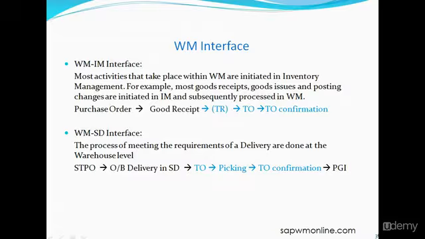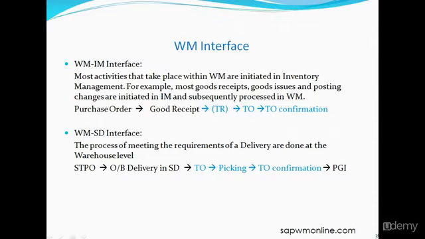For the WM interface with SD, the process of meeting the requirements of a delivery is done at a warehouse level. So you have a stock transport order, for example, or you may have any order which would lead to an outbound delivery in SD. Once you have an outbound delivery, you will have to create a transfer order for that delivery.